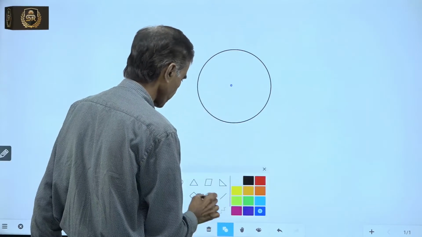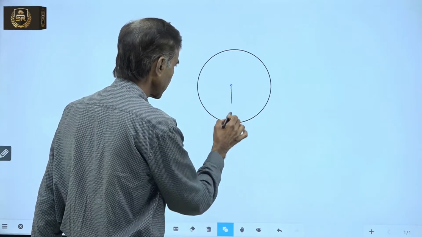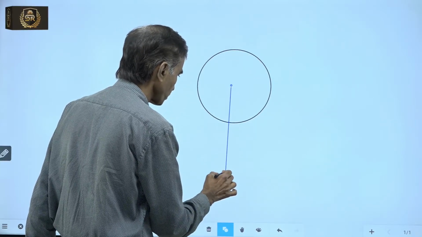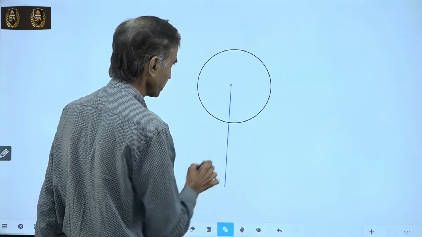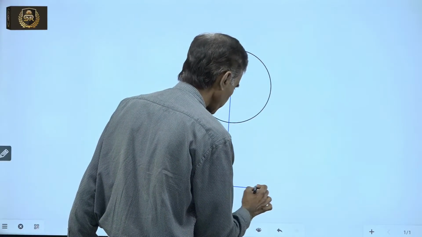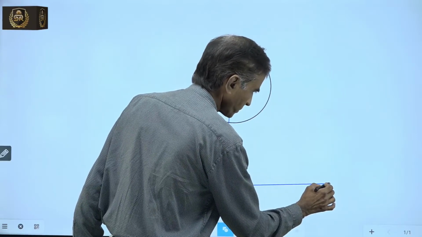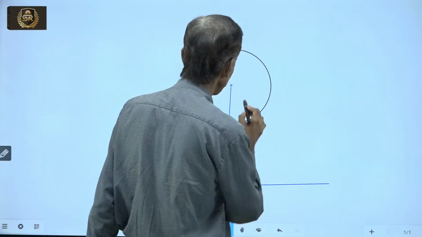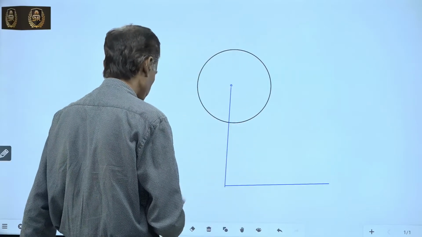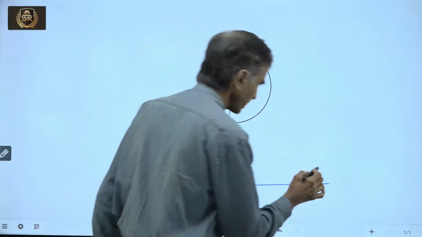Now this is our y-axis, along which we are going to take the magnetic induction, and x-axis we are going to take the distance. So here this is B and this is r.